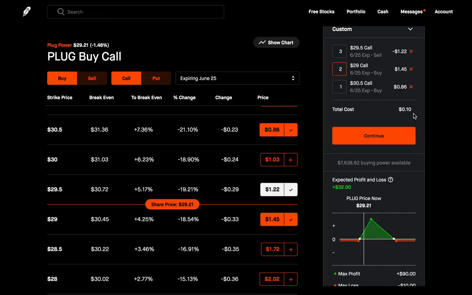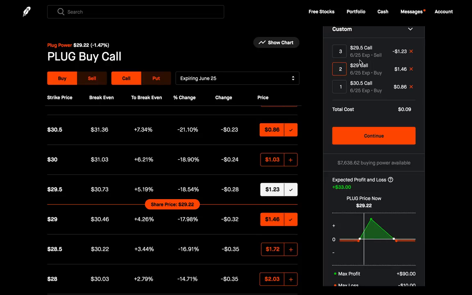Now our max reward, our max profit, is going to be 2 times the difference between the lowest strike price, which in this scenario is the $29 strike, and the strike of the calls that we sold, which is $29.50. So the difference between these is 0.5, times 2 is 1.